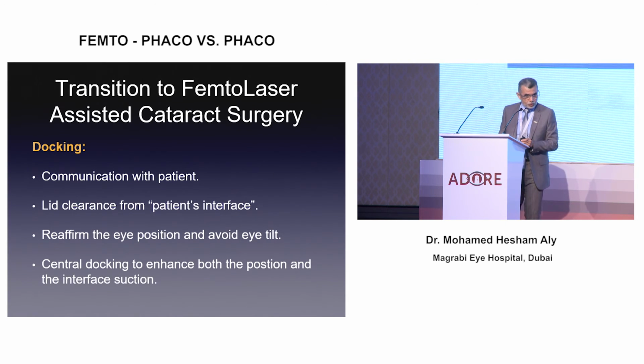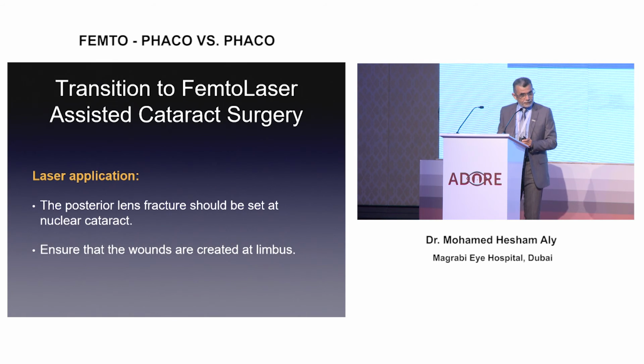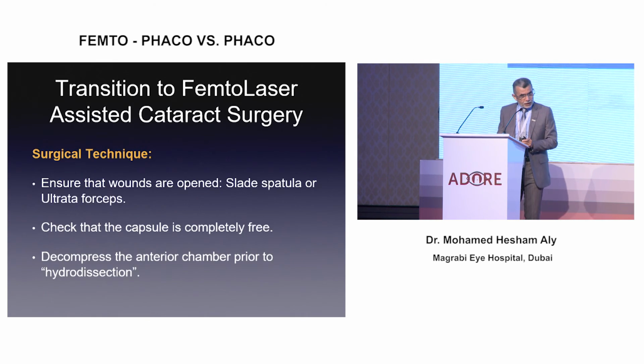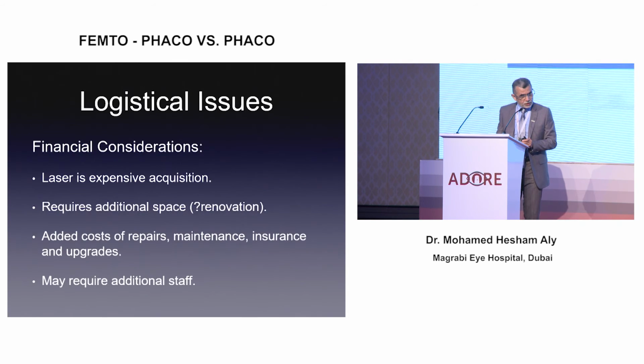The refractive surgeons know that. And we have to reaffirm the eye position to avoid the tilt and to center the cornea. So I think we went through the incisions and everything.